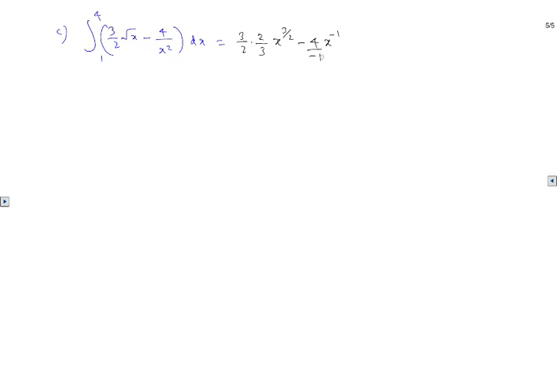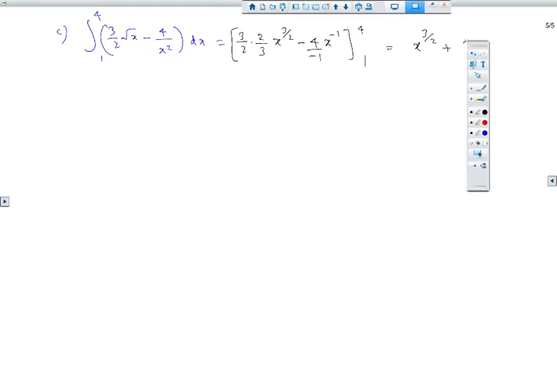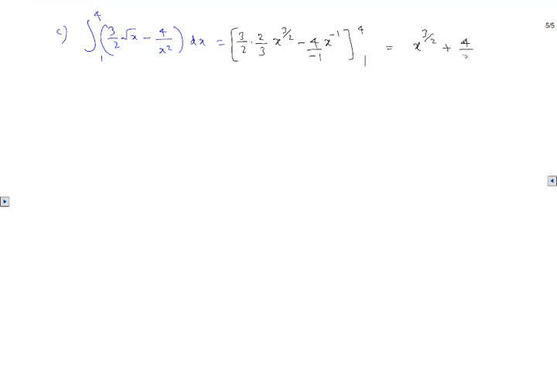Then you evaluate this at 4 and 1. Put parentheses around it to be safe, and then we can simplify this a little bit. You get x to the 3/2 plus 4 over x, evaluated at 4 and 1.